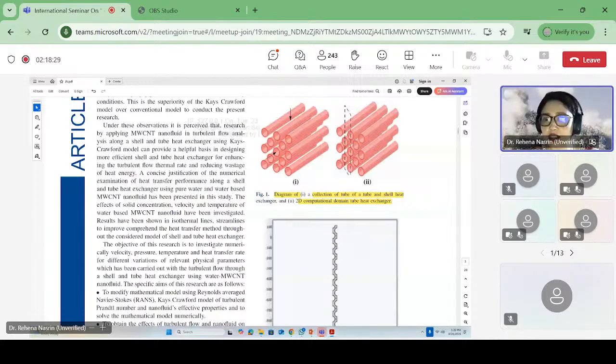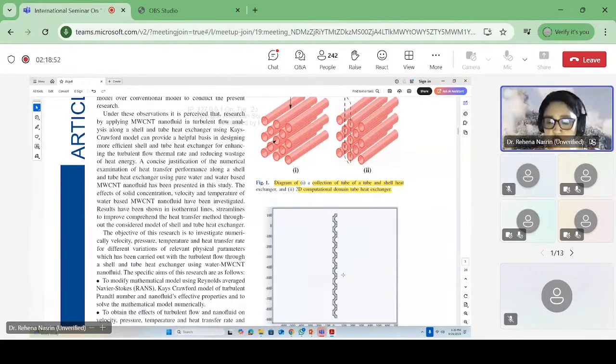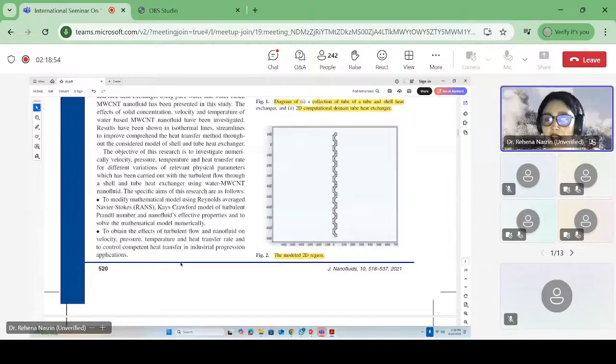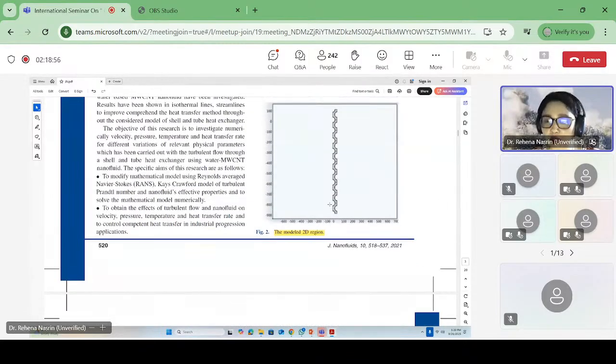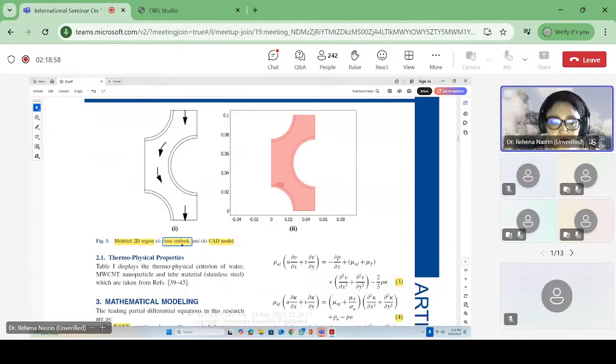You can see the gray color, inside which the fluid passes from top to bottom, and the half circular part is half of a pipe, of a tube. So this is a shell and tube heat exchanger. In this way, we consider a two-dimensional model.